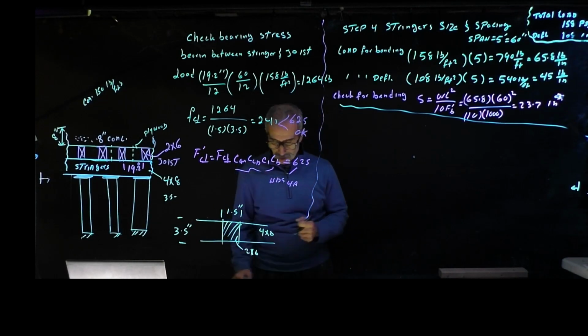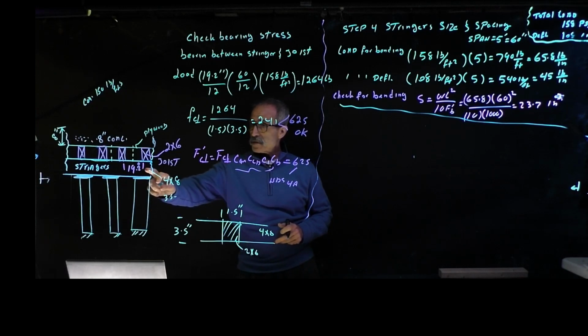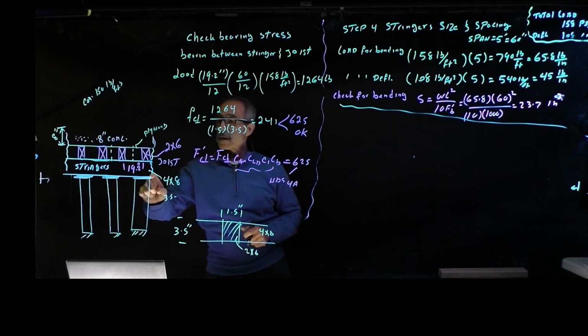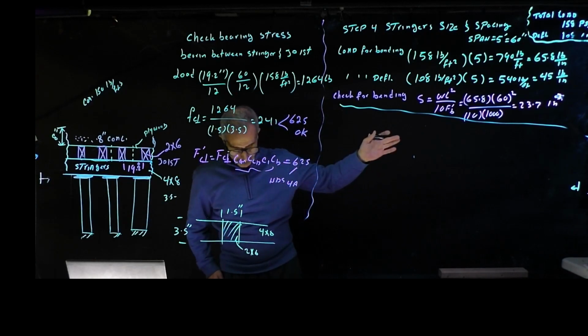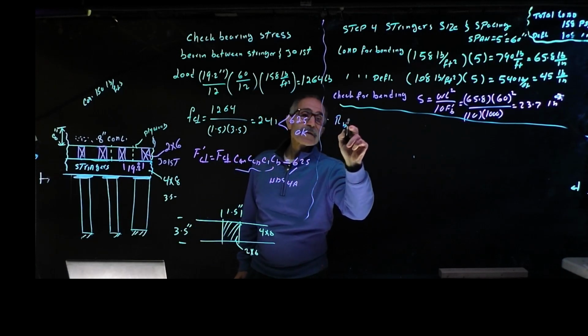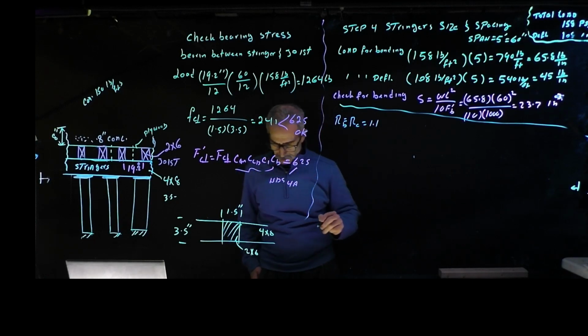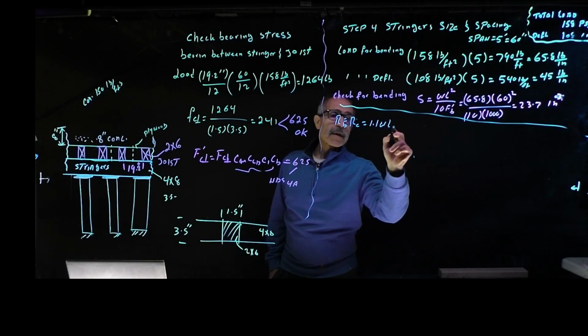Continue with that. We're going to calculate the stress between the joist and the column here. First, we're going to find this reaction, which is given by this equation. It's up on the screen. RB equals RC equals 1.1 times WL.